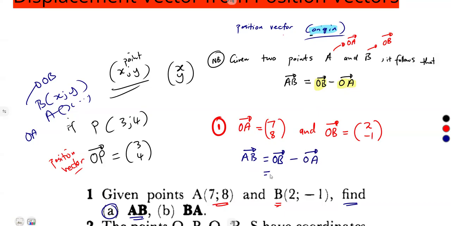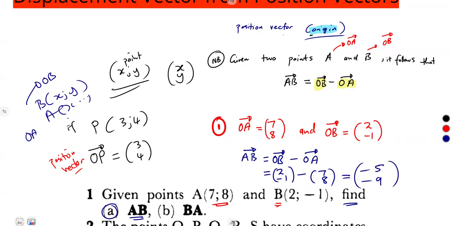Where OB is our point that we wrote here as a column vector now, 2, minus 1, minus OA, which is 7, 8. So 2 minus 7 is minus 5, minus 1 minus 8 is minus 9. So guys, do revise your directed numbers.